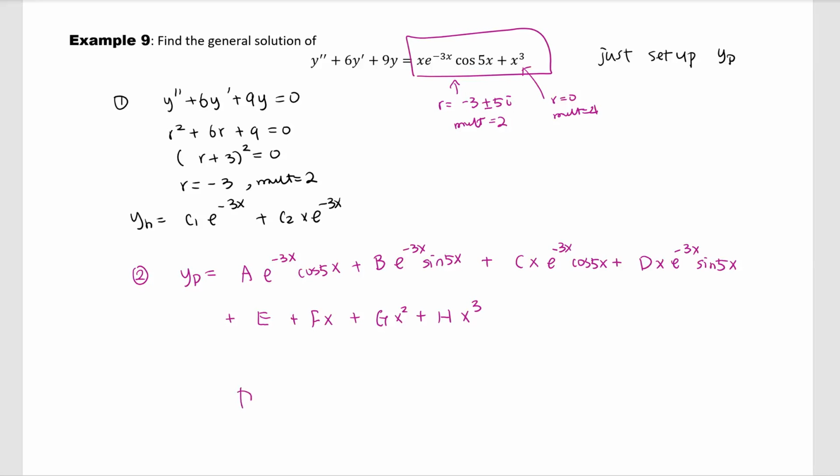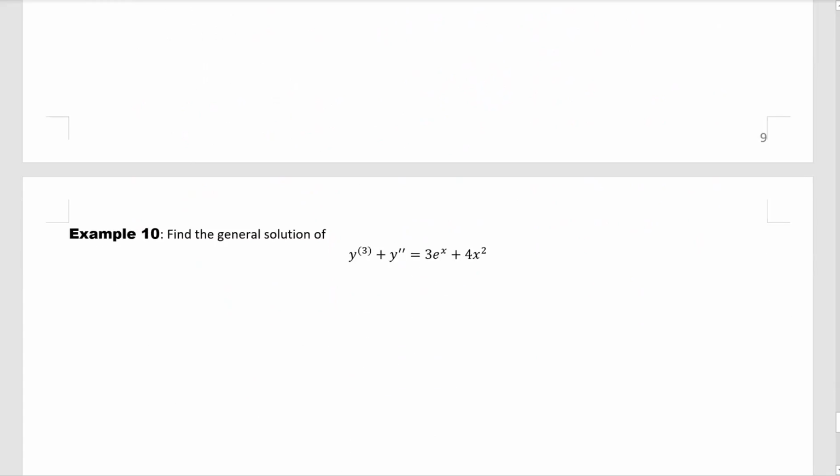Here we don't need to multiply by an extra factor of x, because those roots do not appear in the characteristic equation. Okay, so that is example 9.